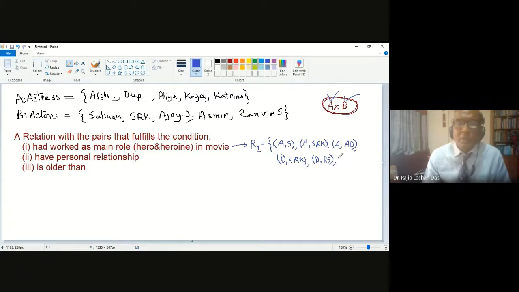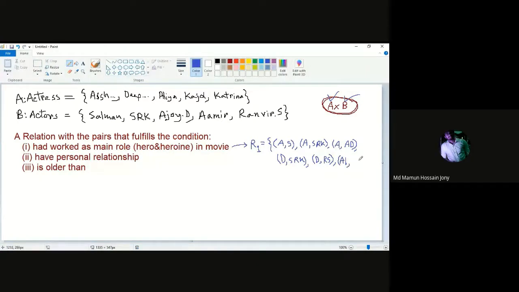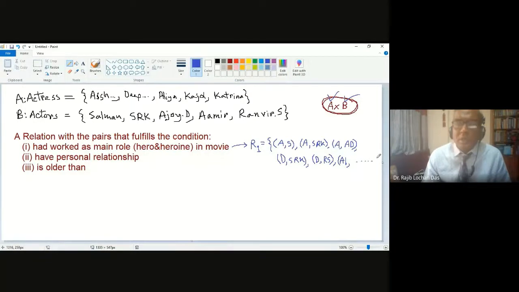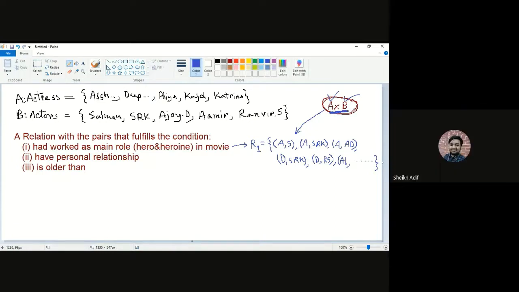And then in the same way you will go with Alia Bhatt, and so on. You understand what I'm saying, right? So in this way you can make the relation, and everything is coming from the original A cross B. Do you agree? Is it okay? In A cross B, that is the product set, it has all combinations.